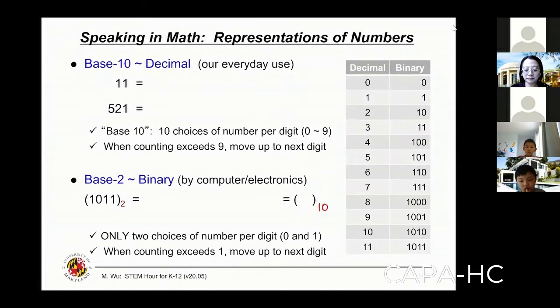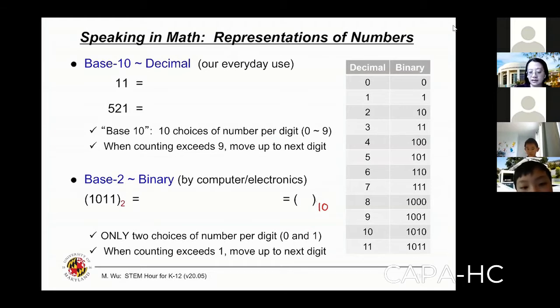So now I'm going to do a little deeper dive, speaking in math, to see if we can make sense of those numbers in binary. And similar to our earlier discussion, I'm going to start with the familiar base 10, the decimal system we use every day.